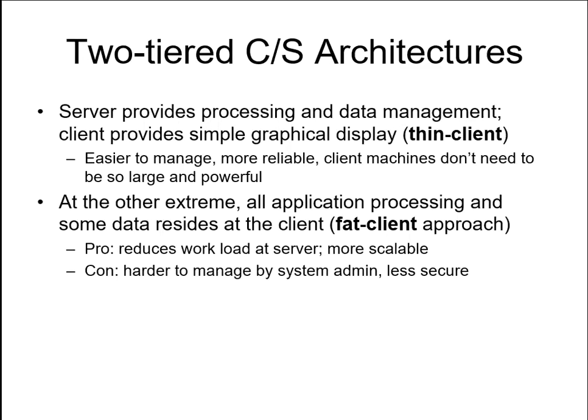Two-tier client-server architectures are those where the server provides processing and data management, and the client provides the simple graphical display. So this is the thin client example. In a thin client, on the client side we only have the interface, and on the server side we have the processing unit and the data.